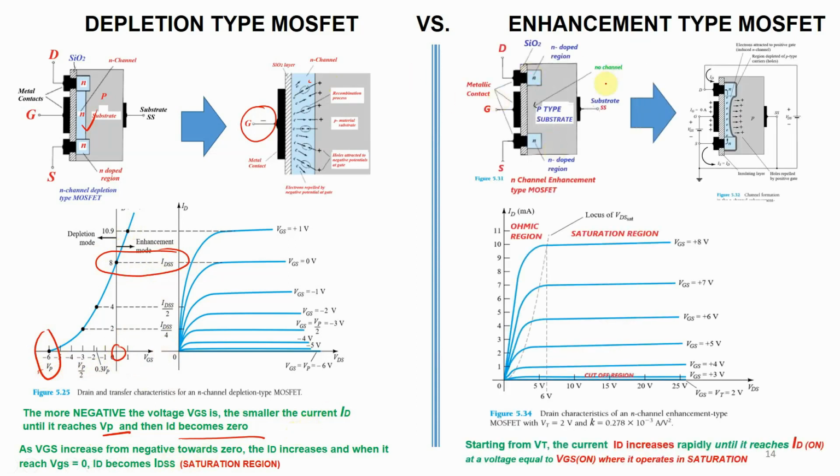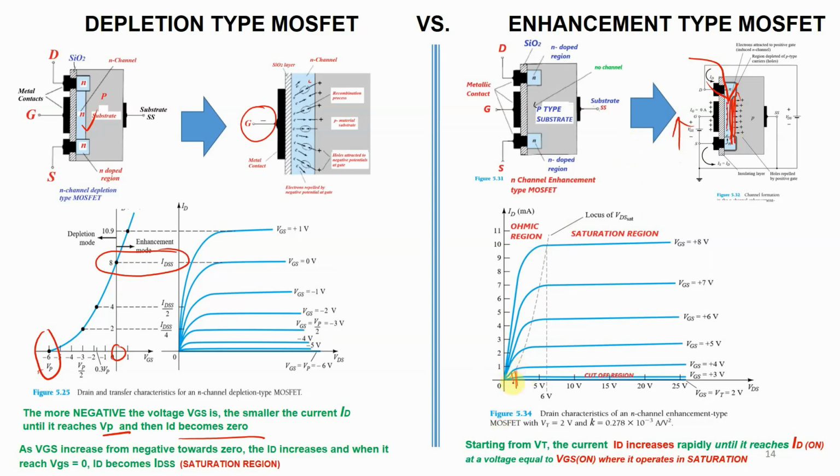And now for the enhancement type, for an N channel, as we make it more positive, increasing it will increase this enhanced channel. So if we increase this, of course, the current carrying capacity will increase. And you need to remember here the threshold voltage.